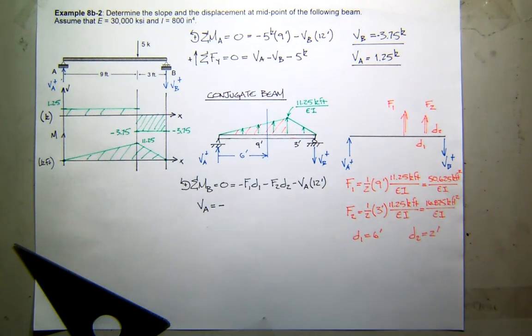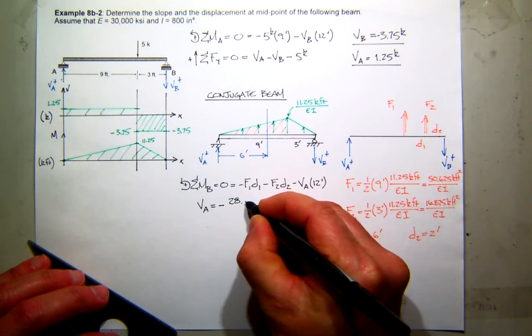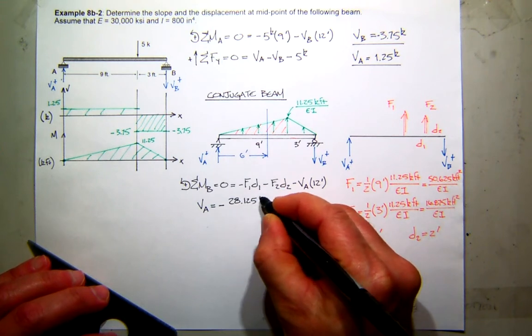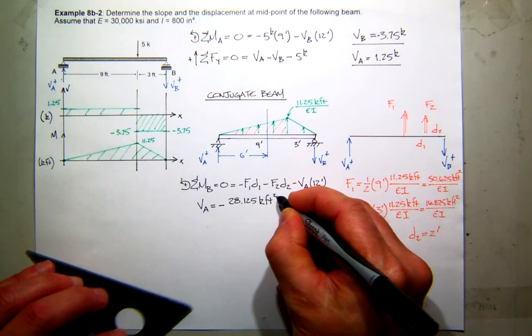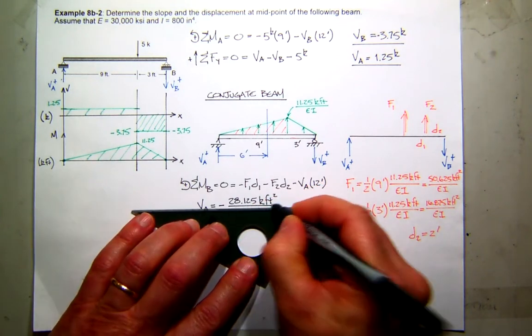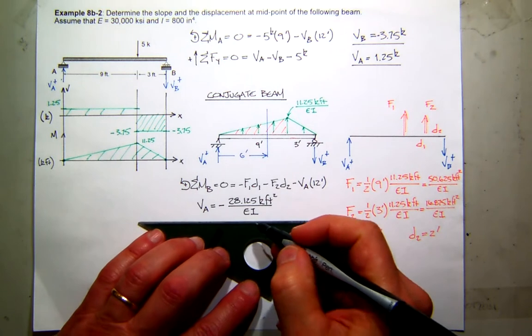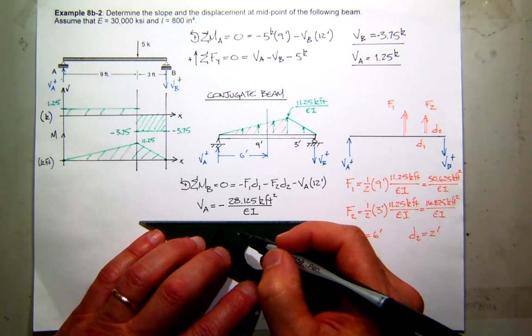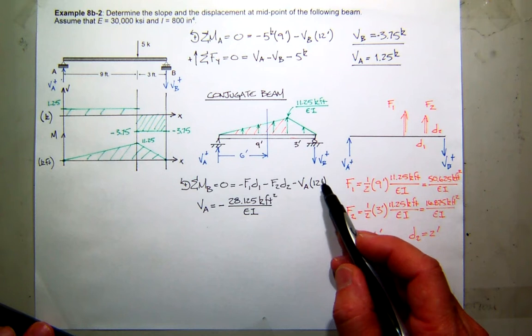It's going to be like 20-something, 28, 29, I'm guessing. 28.125, and that's going to be kip feet squared over EI. Everything divided by 12? Yeah, everything divided by 12. I get it.